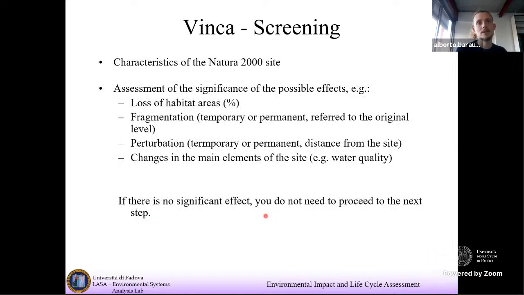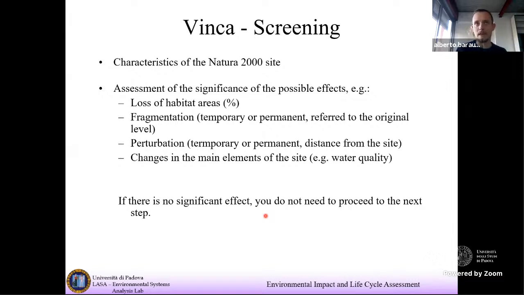And also, in addition to describing the project, you have to describe the Natura 2000 site, and in particular, assess it with the tools that you think are fit to do this. Of course, it is site specific. So you have to assess the significance or the magnitude of the possible effects of your plan or project on the site.